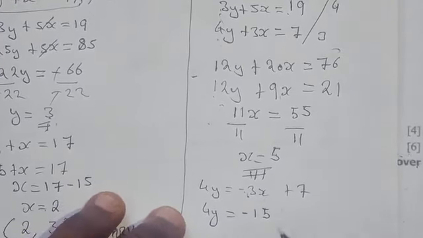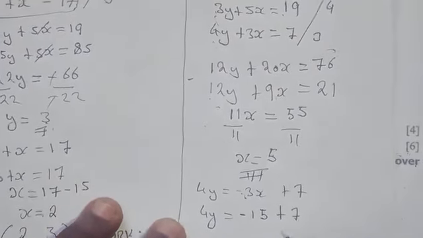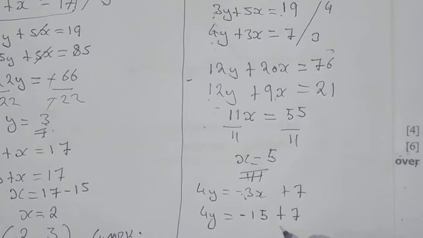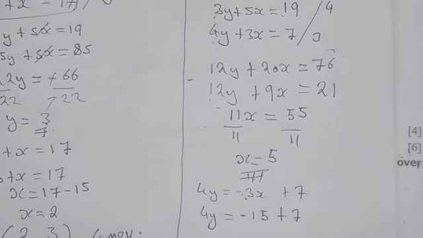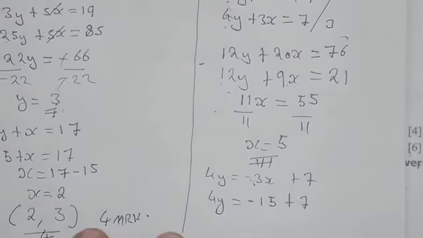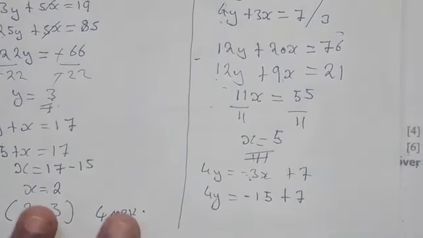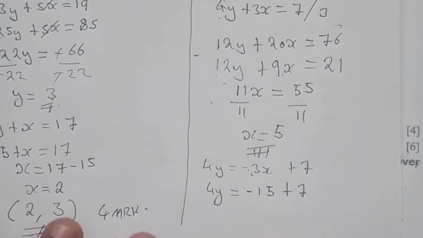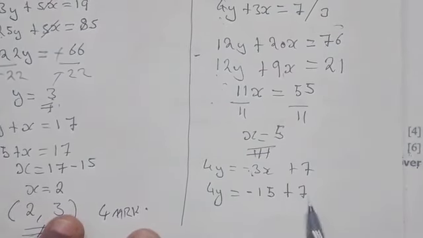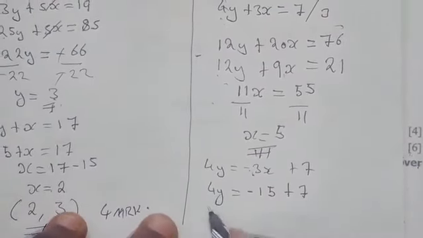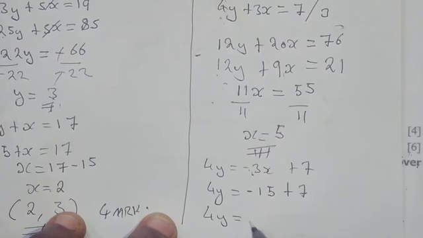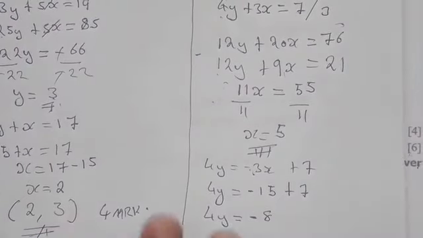So plus 7: negative 15 plus 7 is negative 8. So we're going to have 4y is equal to negative 8.